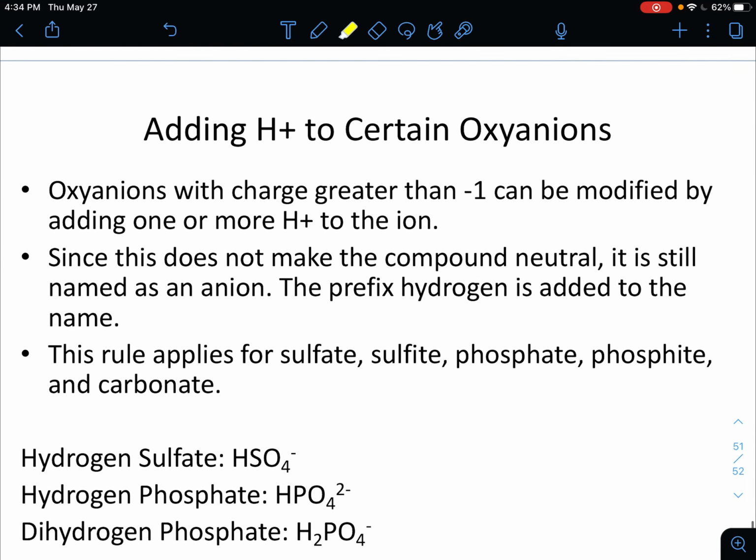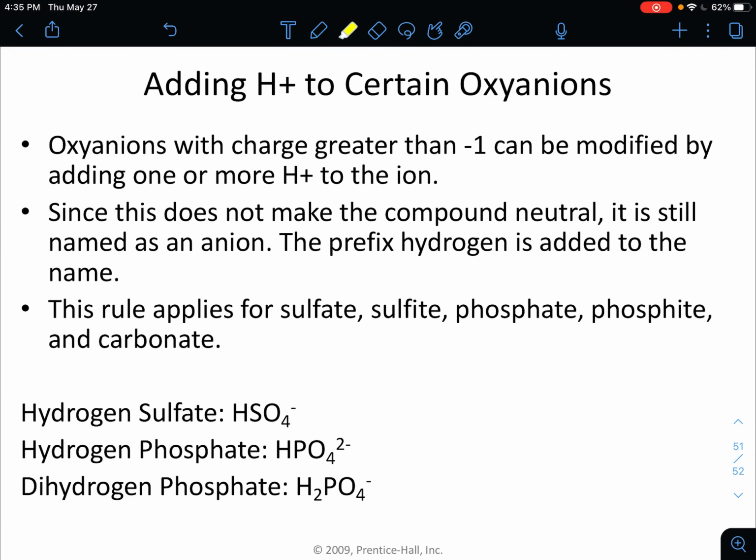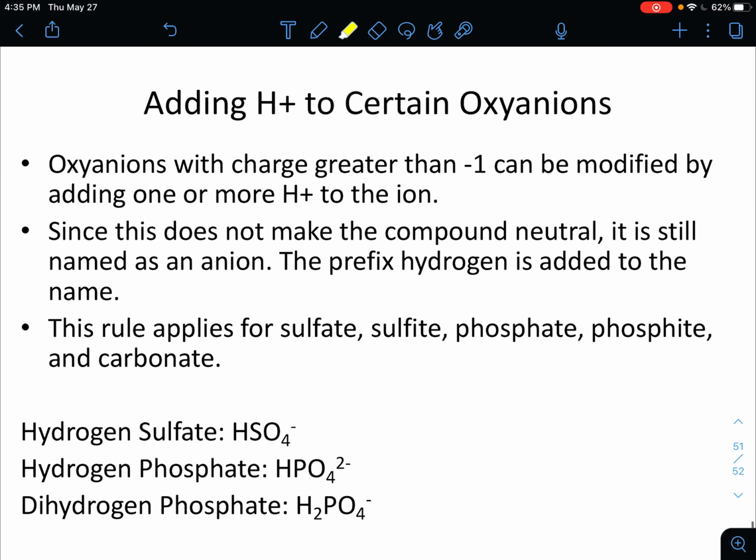Okay, last rule is modifying our oxyanions by adding hydrogen cations. So to make an acid, we add hydrogen cation in order to make the molecule neutral, however many we need. But for things like sulfate or phosphate or carbonate, I can add 1 or 2 hydrogens to it without making the neutral molecule, and that's just going to generate a new oxyanion that we just add the word hydrogen to.